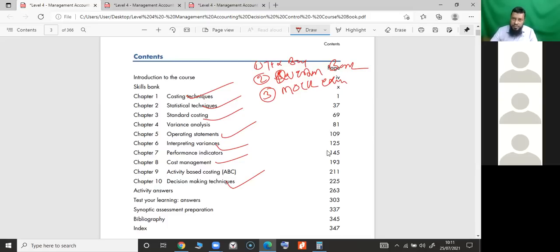Everybody should know about your green light test, isn't it? If you have not done it yet, you've got to start doing it. So: textbook, question bank, mock exams, green light tests.